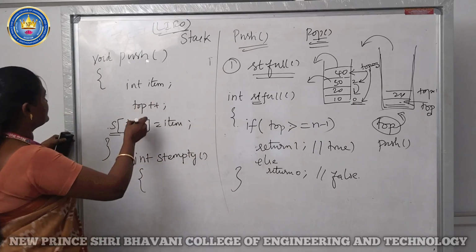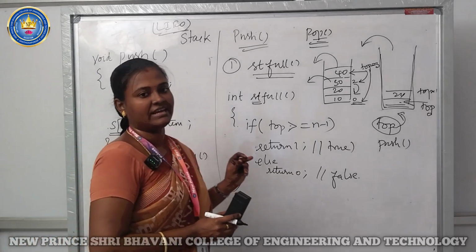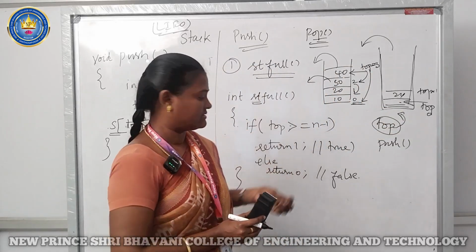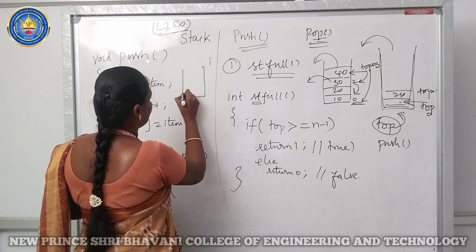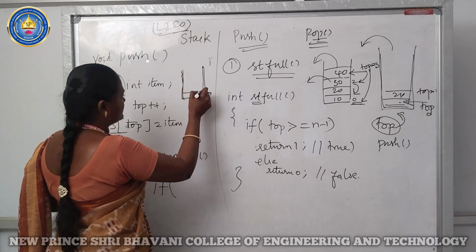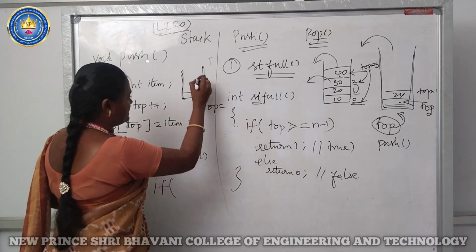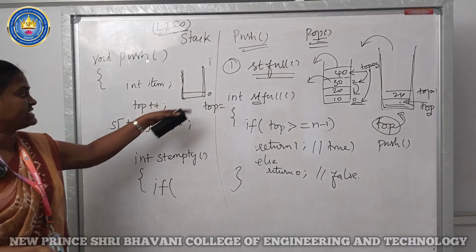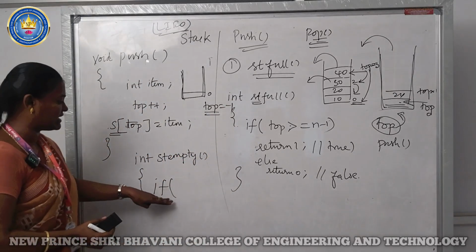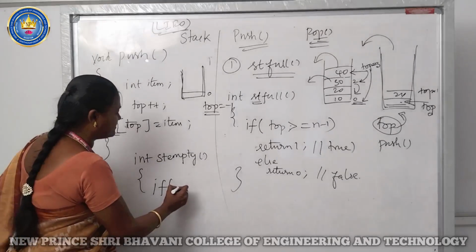Now, under which condition do we check this? How can we know the stack is empty? When the top pointer reaches -1, the stack is empty. That means the first element in a stack is stored in the 0th location, so if no element is present in the stack, the top pointer will be -1. In the if condition, how can we write the routine?